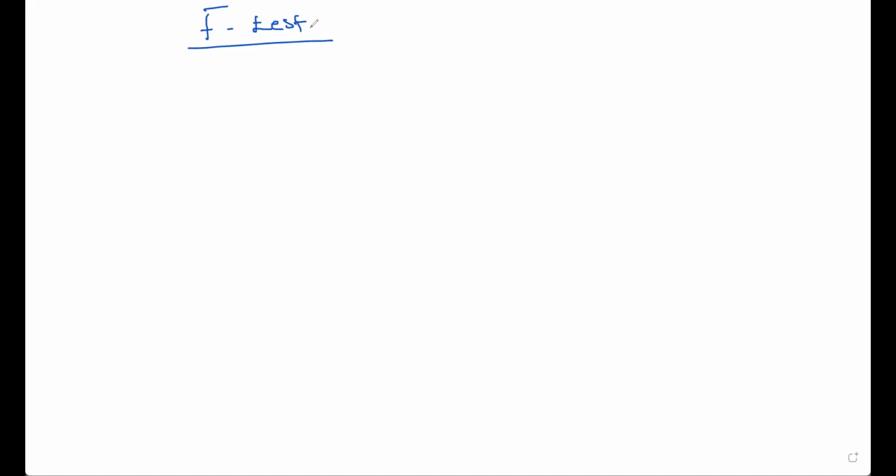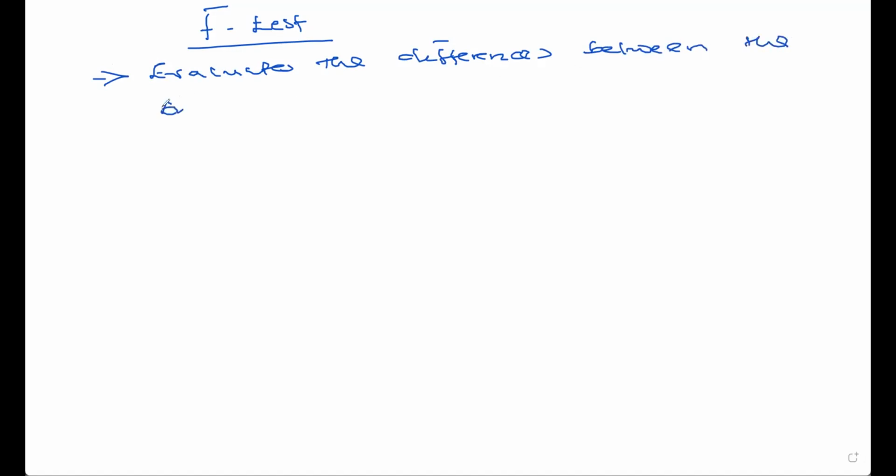The F-test is just used to evaluate the two methods that you are dealing with. In summary, we can say it evaluates the differences between the two methods.